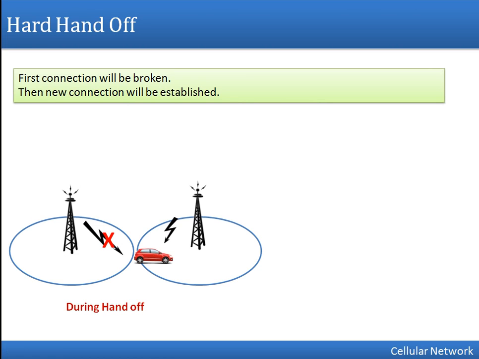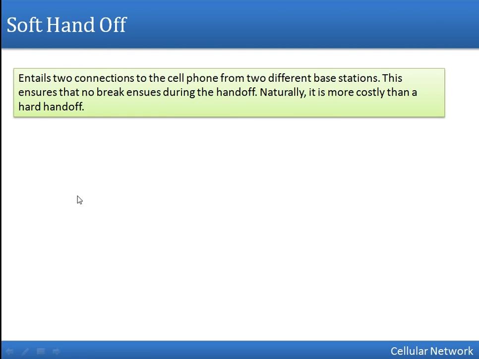You can remember this as break before make. The new base station will start handling the traffic once the user is disconnected from the old base station. So this is the hard handoff.